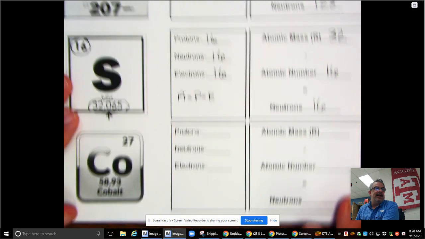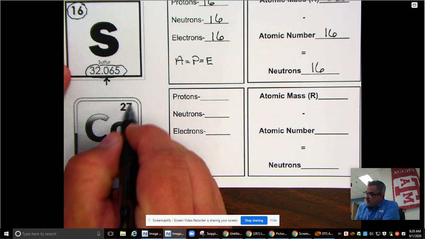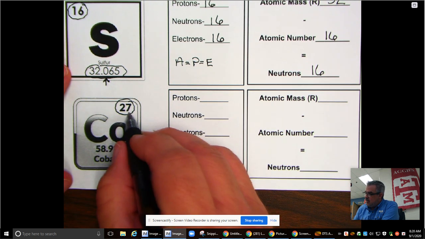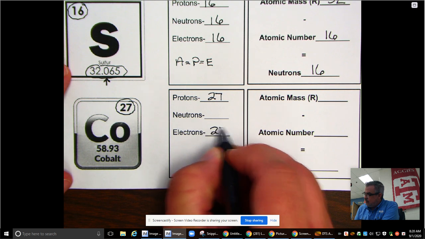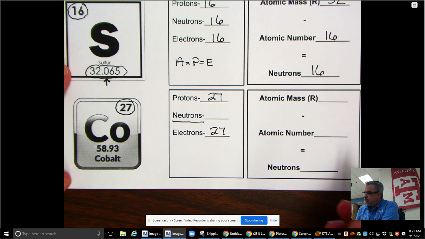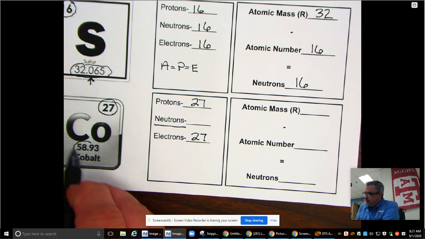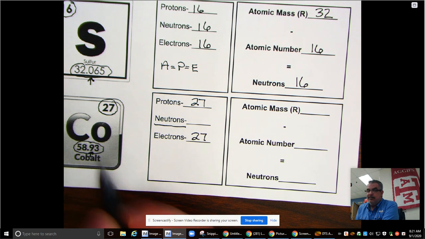Okay. And then the last practice here is cobalt. Okay. So here is the atomic number. Remember, APE, A equals P equals E. So now all we have to do is find neutrons. To do that, we have to find the atomic mass. Now here, the number to the right of the decimal is a 9.